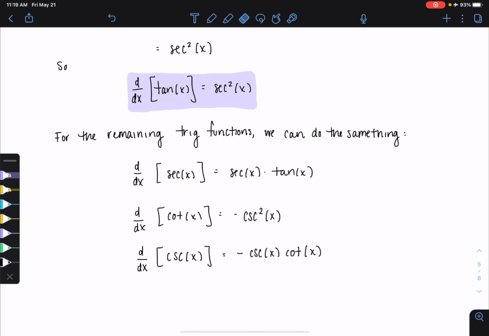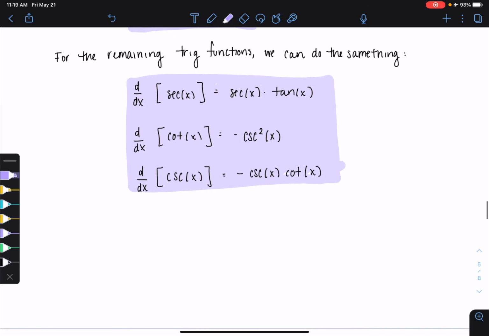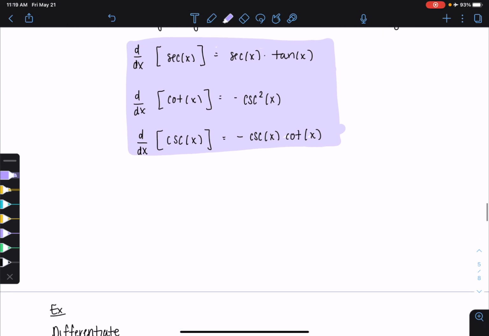So they're going to be opposite in signs, but the same idea. Cosecant, cotangent go together. So these are all of our trig function derivatives. All right. So if you want to go through, you can work through some of them yourselves, but you can easily recognize patterns in these things to help you memorize the derivatives.